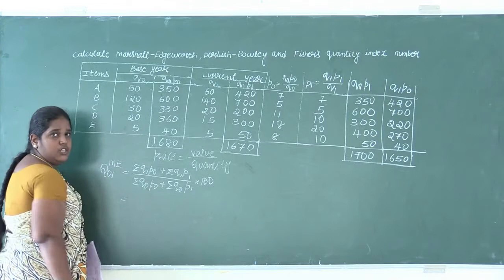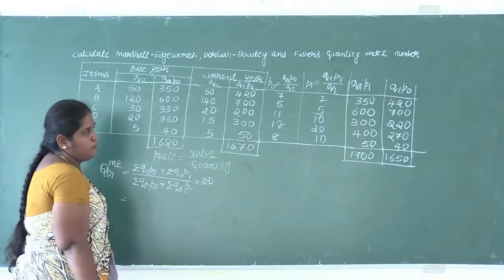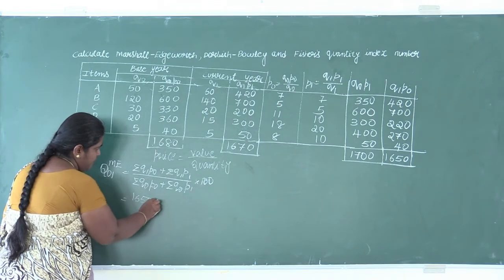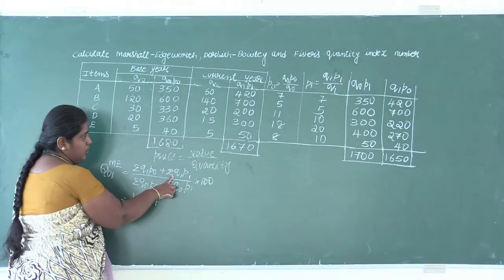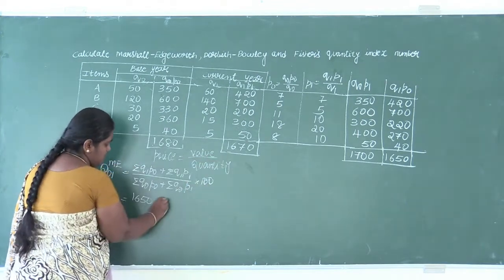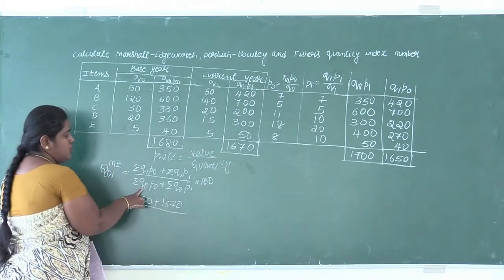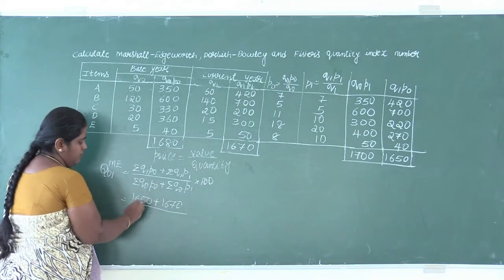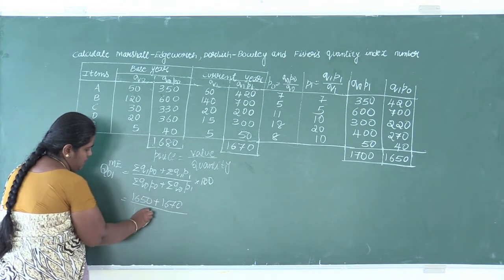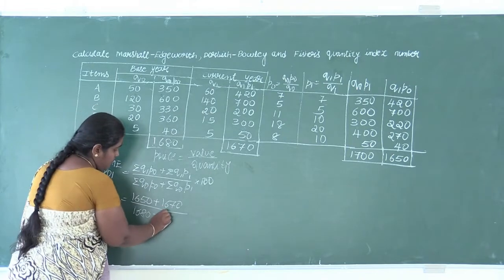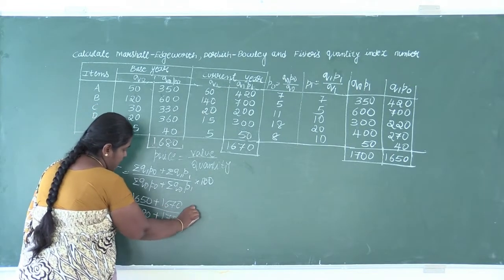Now substitute in this formula. What is the Q1 P0 value? 1650 plus Q1 P1 is 1670, divided by Q0 P0, we have 1680, plus Q0 P1 there, it is 1700.